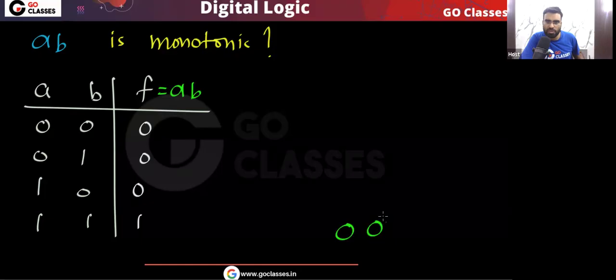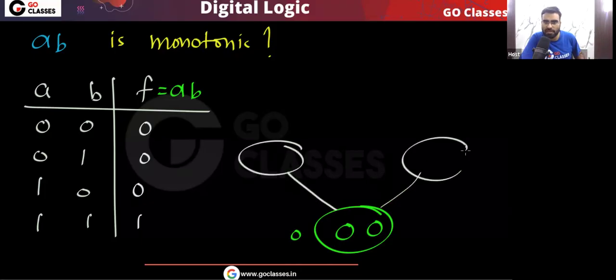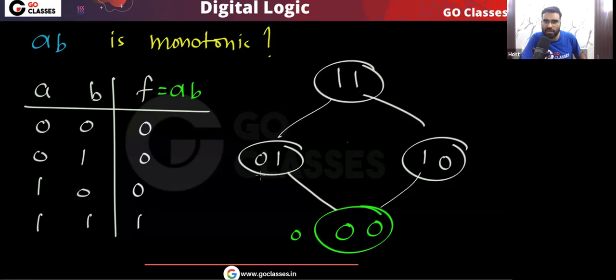Again, for this combination, the function value is 0. With respect to this combination, you will check which combinations? Single variable from 0 to 1. Now tell me, here the value is 0, here the value is 0, 0, 1.